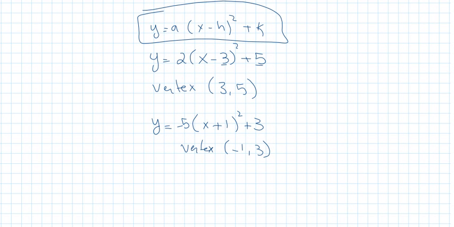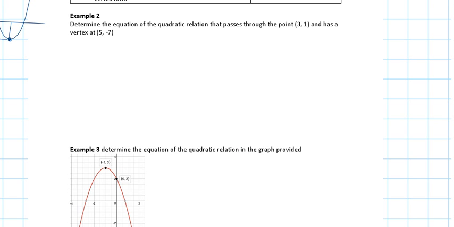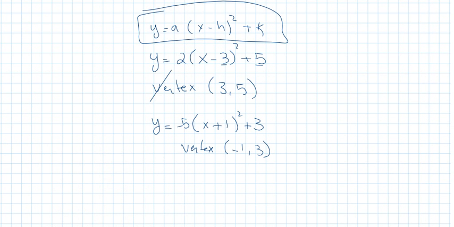Are we okay with that? Good. Now, let's get back here. Now, what if instead of giving you this equation, y equals 2(x minus 3) squared plus 5, I give you a graph, and I ask you to find me the equation of the graph?